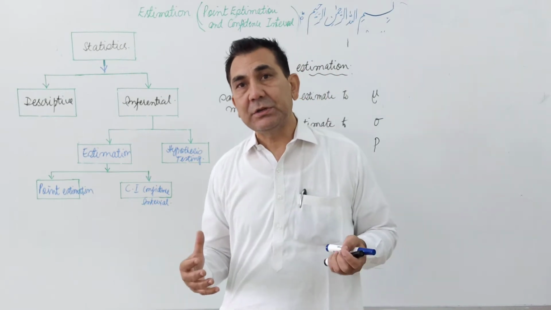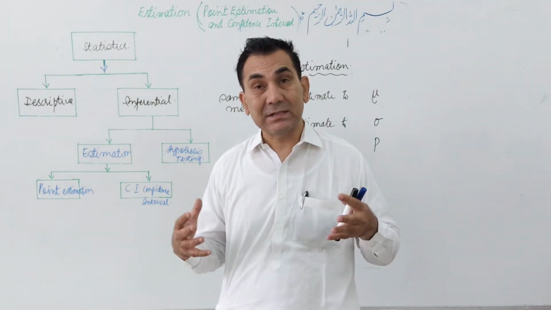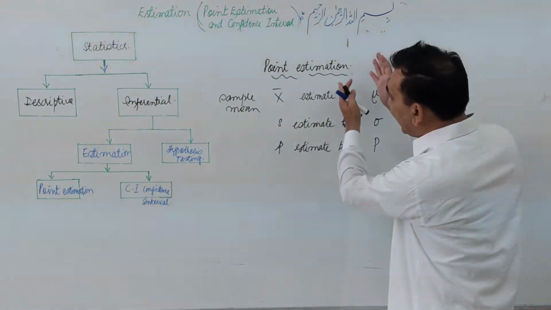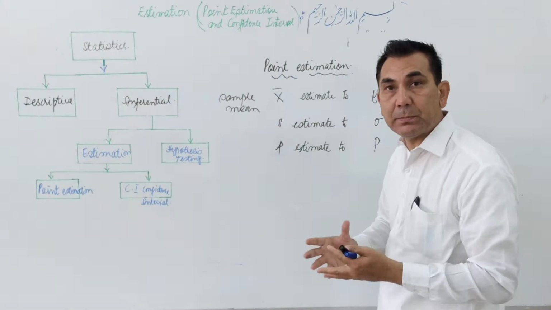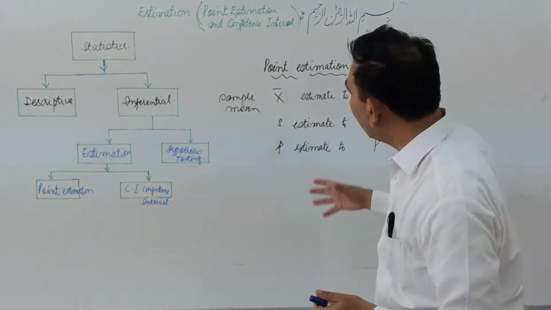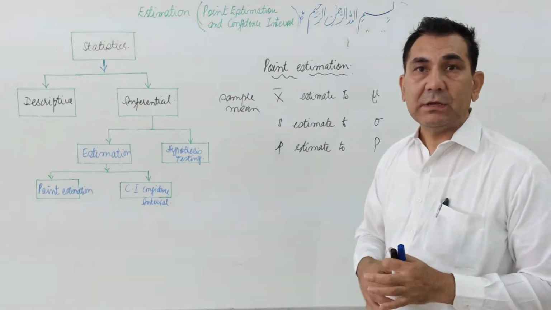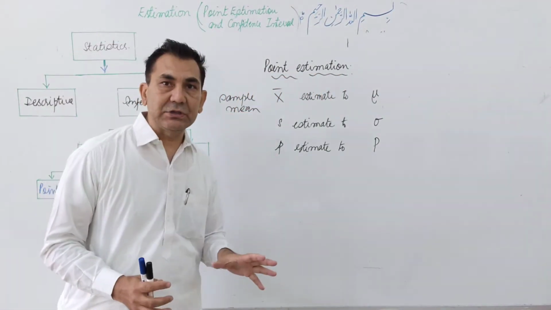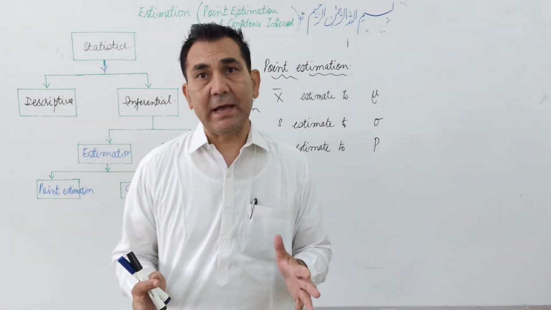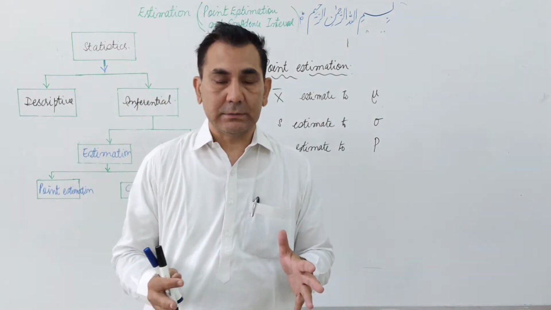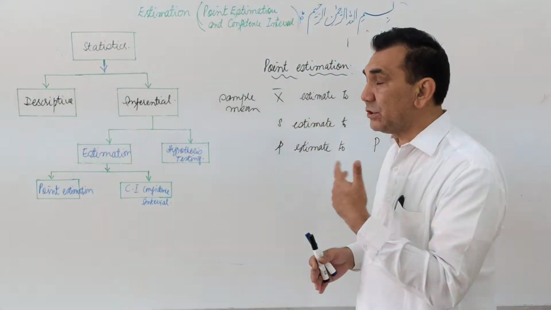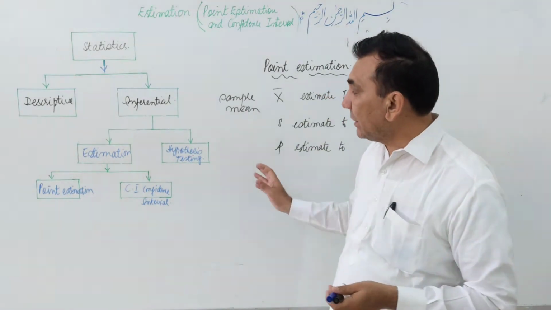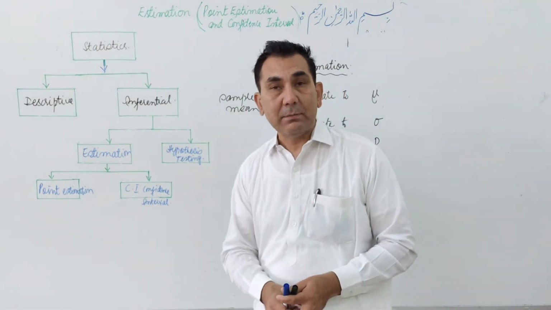Now the point estimation does not give the exact estimation. This point estimation will not give the exact closeness to the population parameter. So to measure these characteristics in more detail, statisticians discovered another method of estimating the population parameter, which is more reliable.